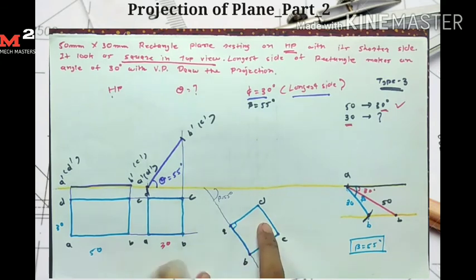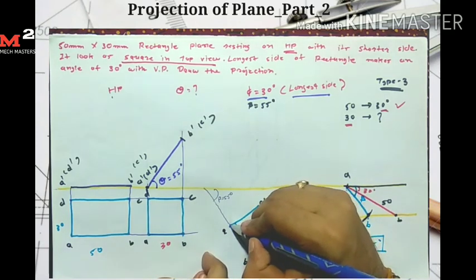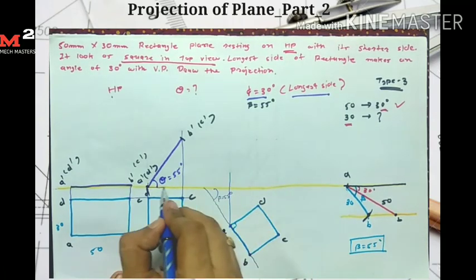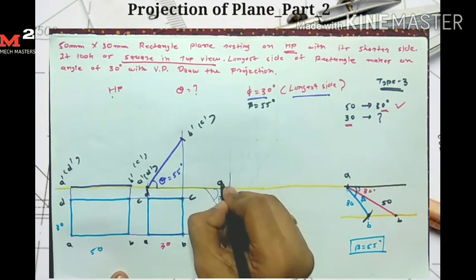Now for drawing the front view I simply take the projection. For point A I take the projection from here and from here. So here I get my point A dash.